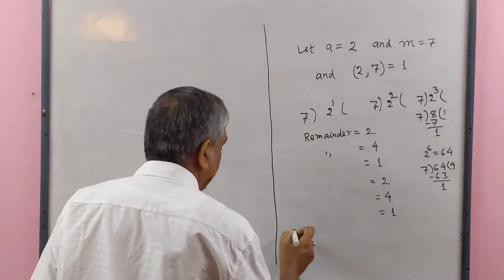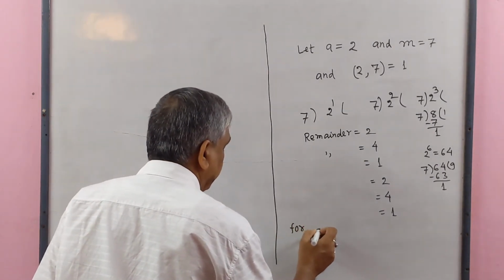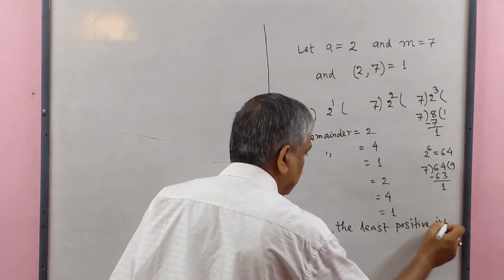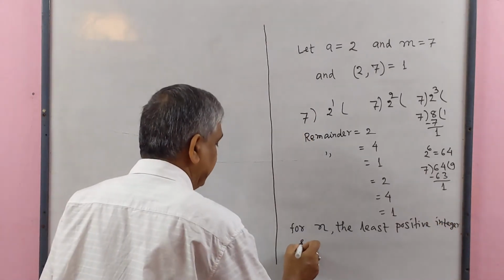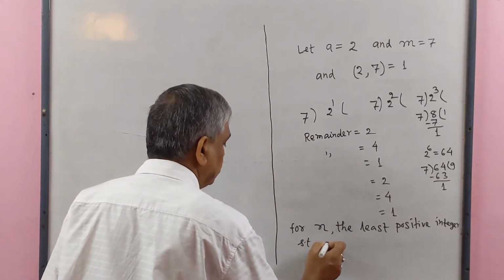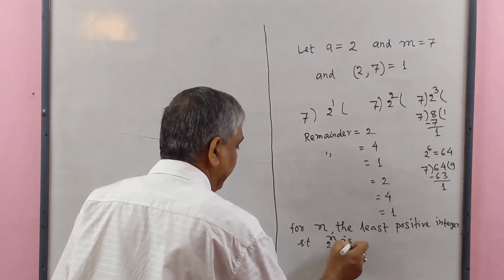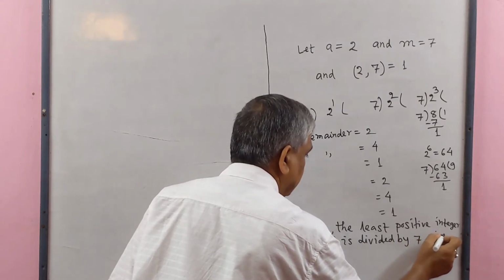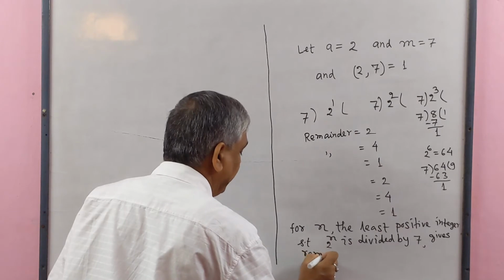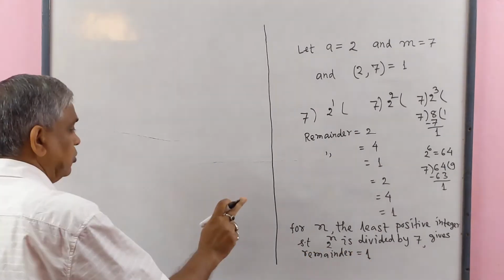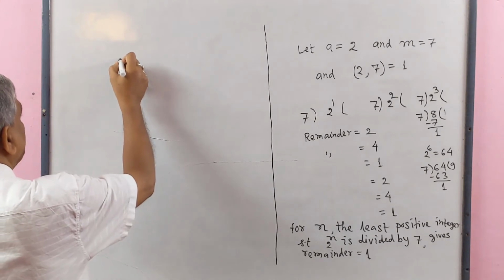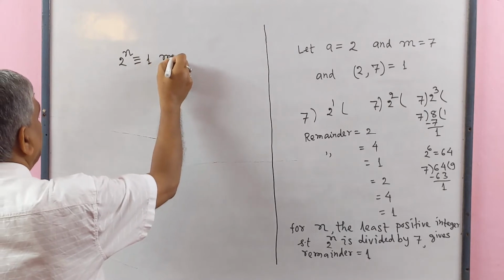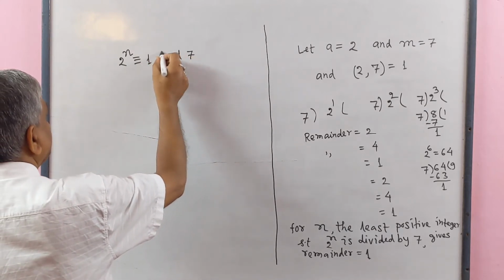Therefore, for n, the least positive integer such that 2 to the power n is divided by 7 gives remainder 1, we may write this as 2 to the power n is congruent to 1 modulo 7.